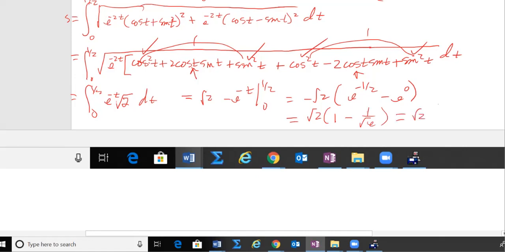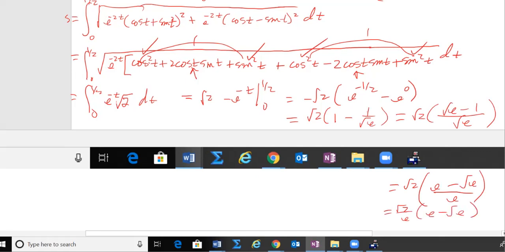You can go a little further and make this root e minus 1 over root e. If you really want, you can rationalize. This would be e minus root e over e. You can do that, which is root 2 over e, e minus root e. Okay.